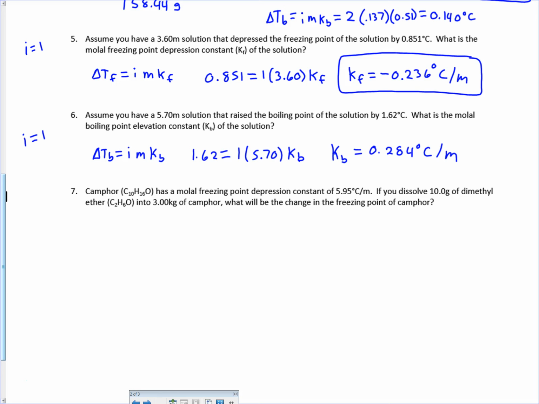Alrighty. Number 7. This one's a little bit longer. So it tells us camphor has a molal freezing point depression constant of 5.95 degrees Celsius per molal. So that's telling us how much the freezing point goes down. This should actually be negative here. This should be a negative 5.95 because it's how much the freezing point is depressed.